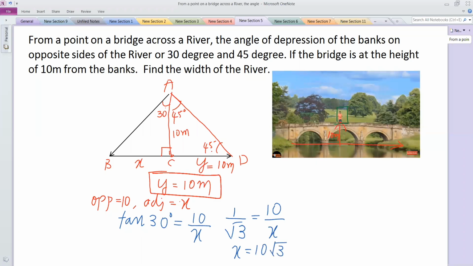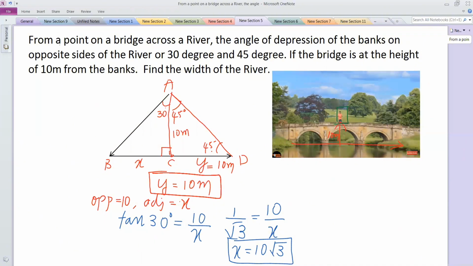Now, this is not the final answer because we need to find the width of the river. In the case of the width, we need to add x and y.